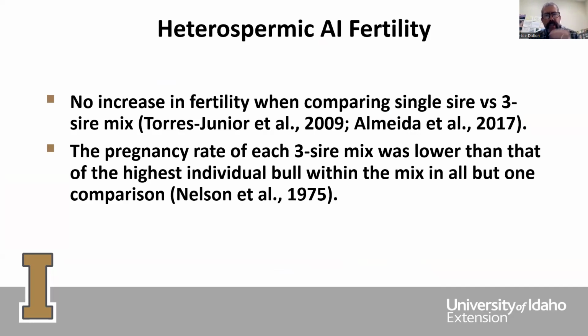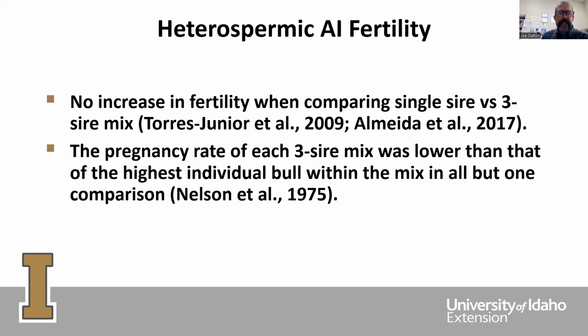And then those three sires are mixed. The semen is mixed, again, on an equal basis, and that makes the heterospermic dose. So these two studies showed no increase in fertility when comparing a single sire versus a three sire mix.